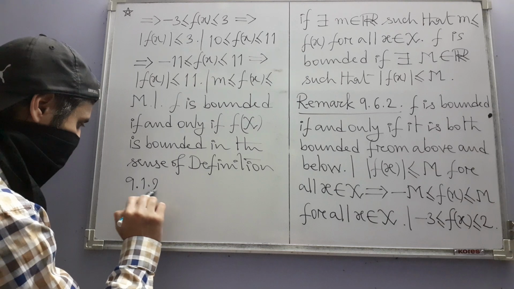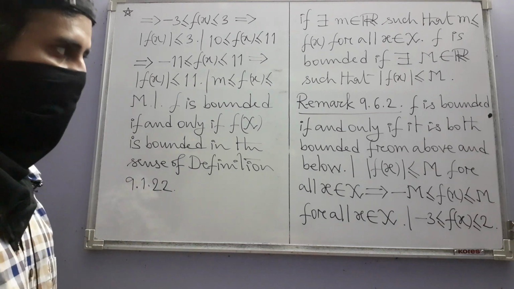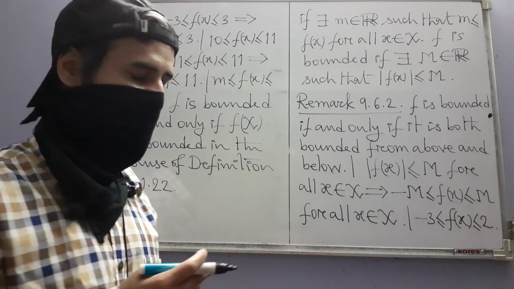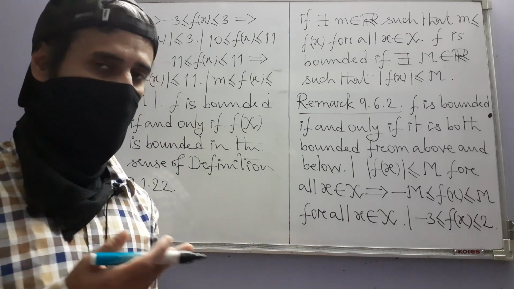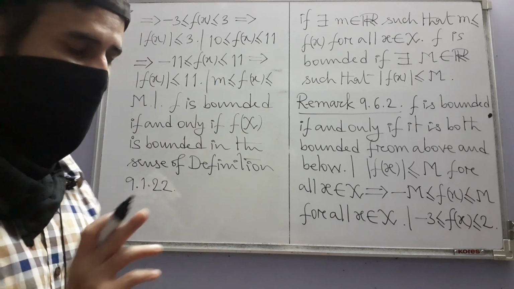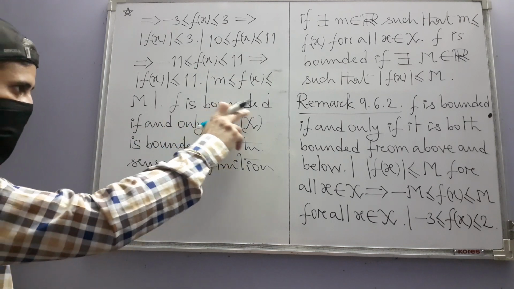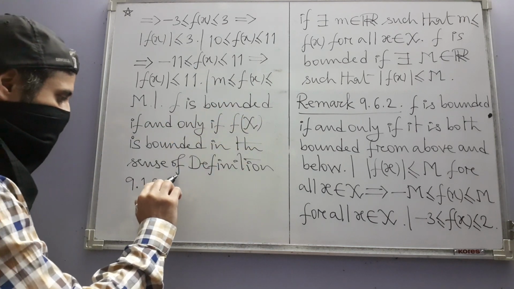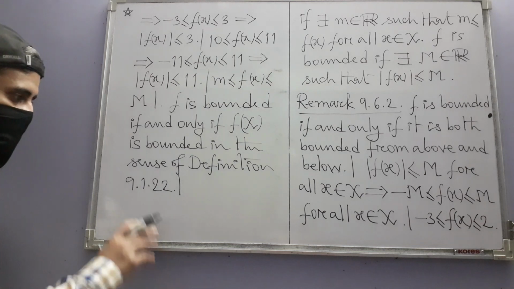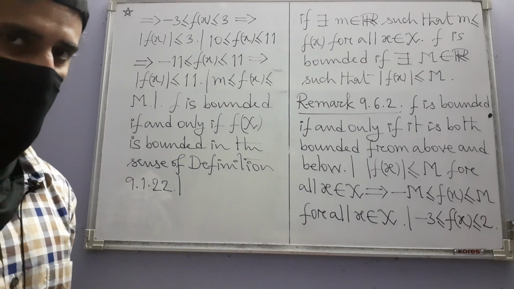That is the definition of a bounded set. A subset of real numbers has a notion of boundedness. Okay, it is that definition. So f is bounded if and only if this image set is bounded. Why is that the case? So this part also I leave to you.